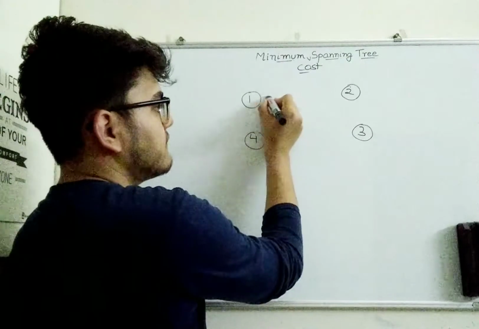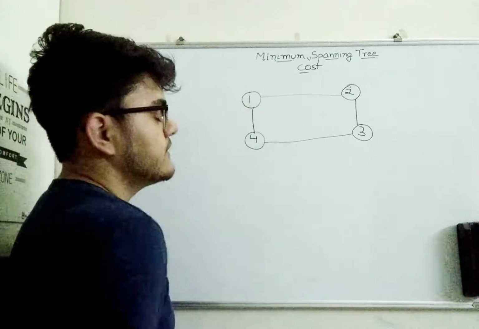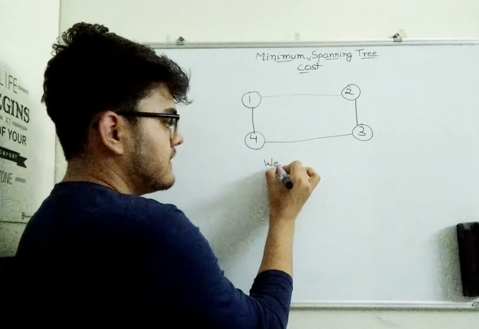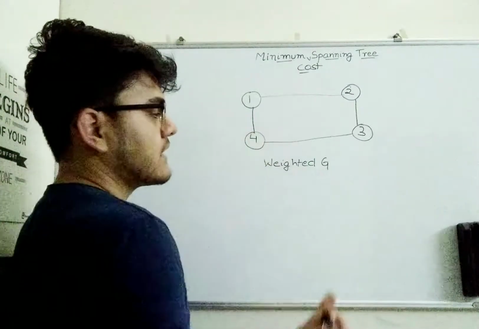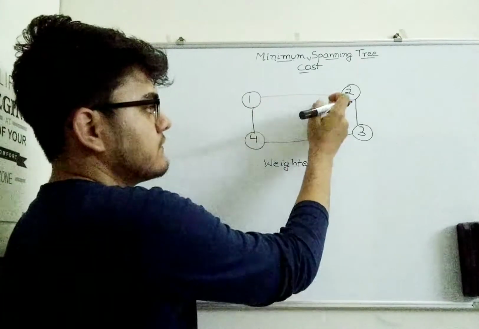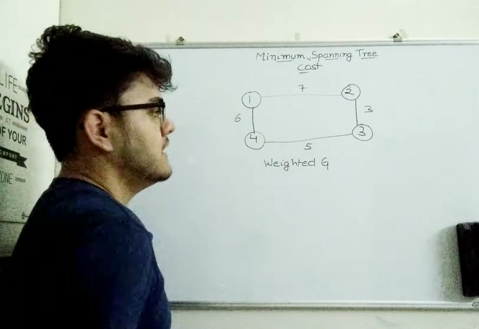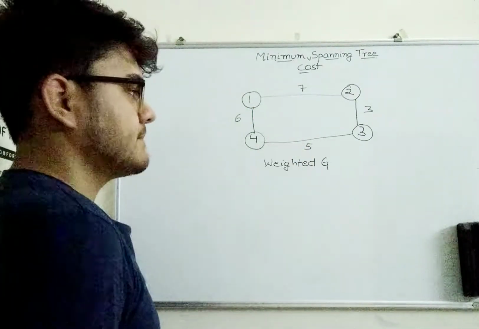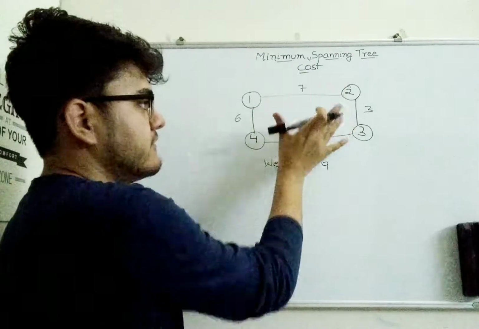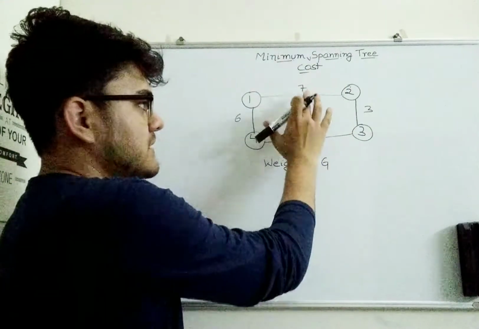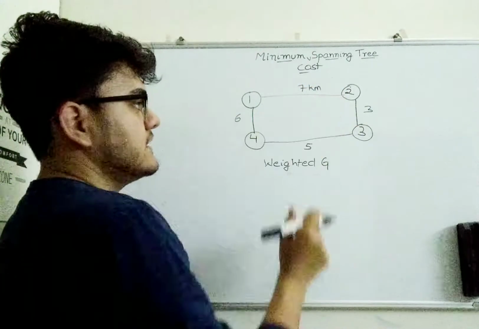Now let's suppose we have a graph like this, but now we are going to consider a weighted graph. A weighted graph is a graph in which the edges have some values. So let's say the values of these edges are 7, 3, 5 and 6. So these are the weights of this graph G. Let's suppose the edge represents the distance between two locations. So 7 means there is, let's say, 7 kilometers distance between these two locations.